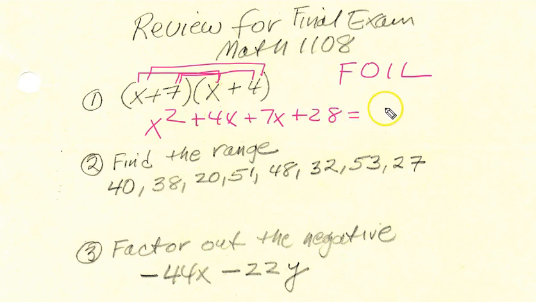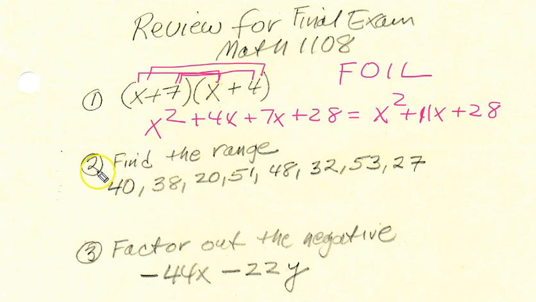Combine like terms and you get x squared plus 11x plus 28. Now notice, if this were your original example here, and they asked you to factor it, then you would hopefully end up with something like this as you reverse the FOIL.